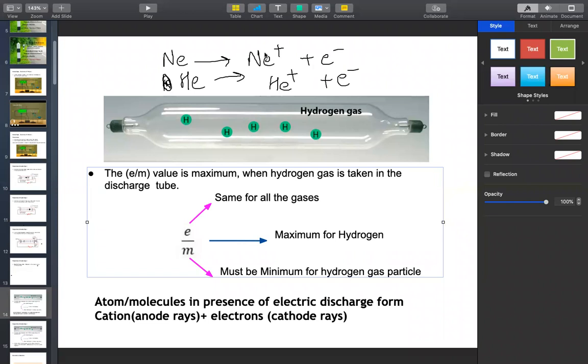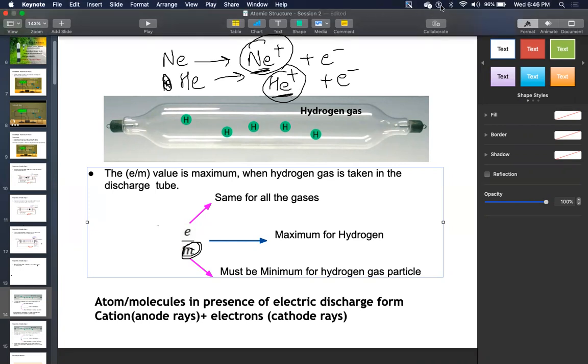So the point is, e by m, the charge is plus 1 unit in both the cases, but the mass of neon is different from the mass of helium. That is why the denominator changes for both. Please write this: the denominator changes though the charge remains the same. Got it?